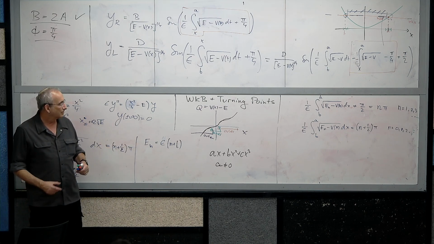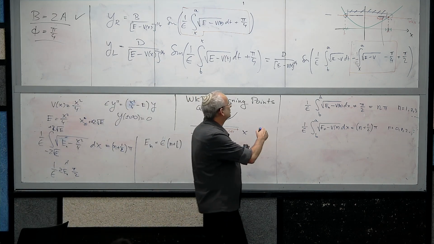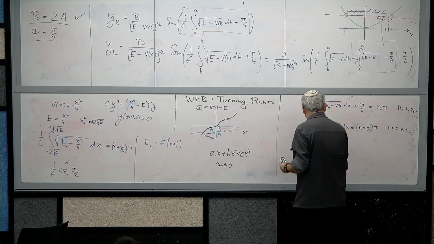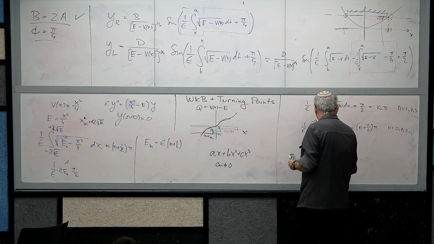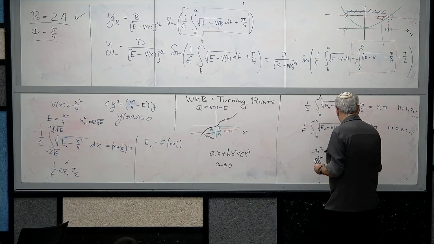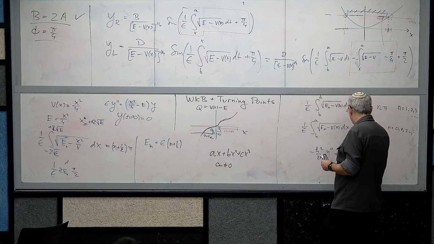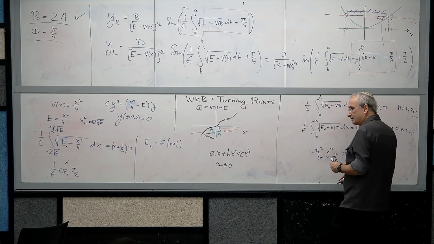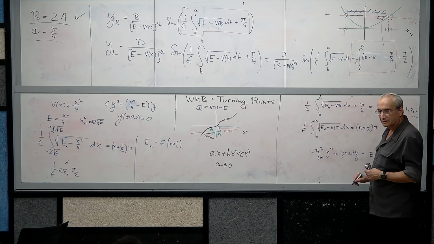You have to do the right manipulation with the Hamiltonian. So the Hamiltonian is minus h bar squared over 2m y double prime plus 1/2 m omega squared x squared y is equal to E y.